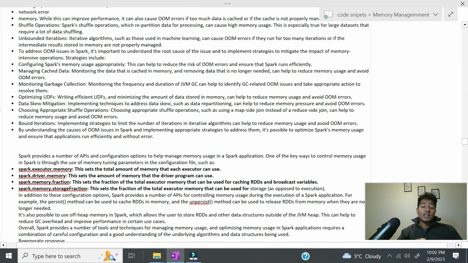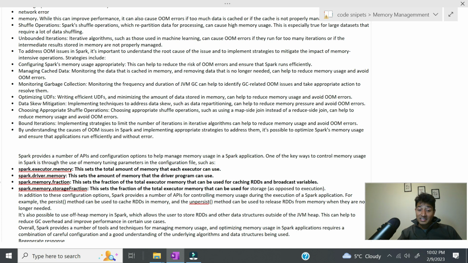Okay, what are the most important parameters related to memory management in Spark, right? There are 4 parameters which I think we already covered, but let's go through it. Spark.executor.memory sets the total amount of memory on each executor.